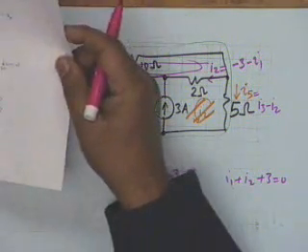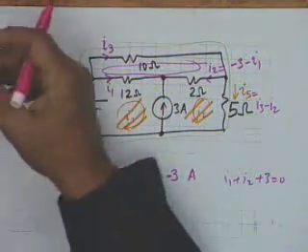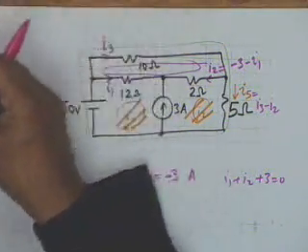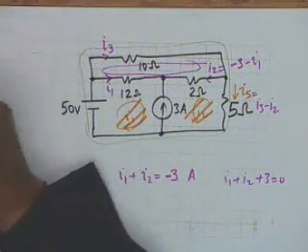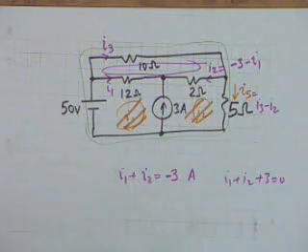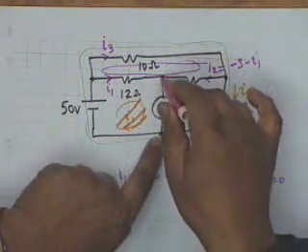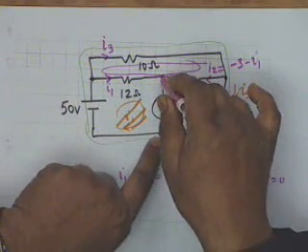Okay. Pardon me? So, this 3 ampere current source, it generates a current of 3 amperes, but not necessarily the current in this part of the wire, between the 2 junctions, between which this current source lies. It's not necessary that the current in this portion is also 3 amperes.